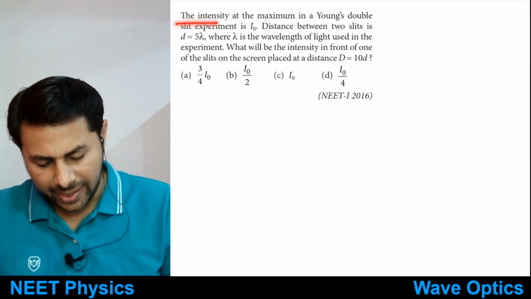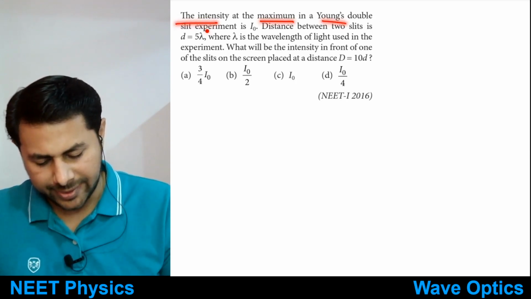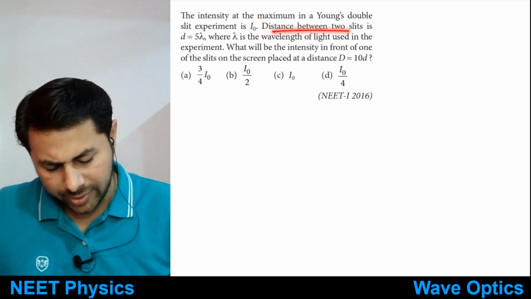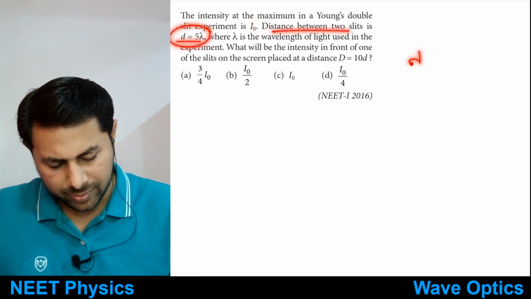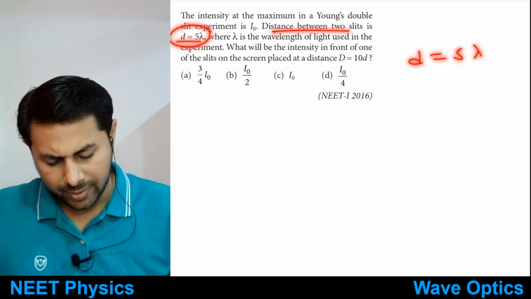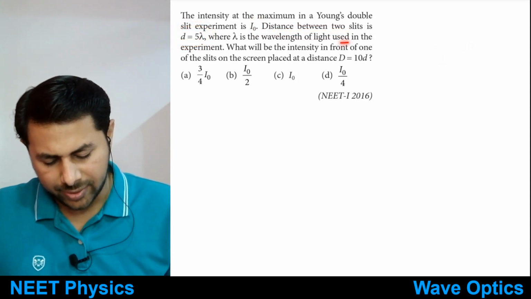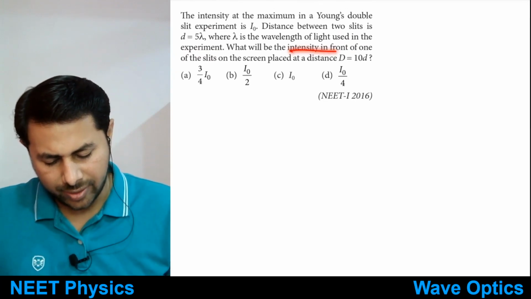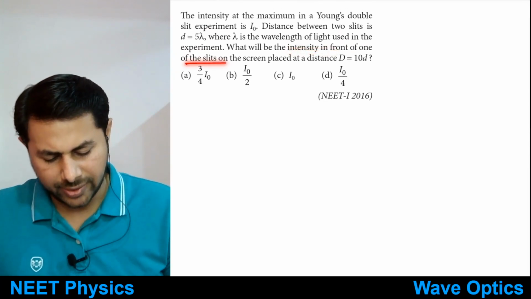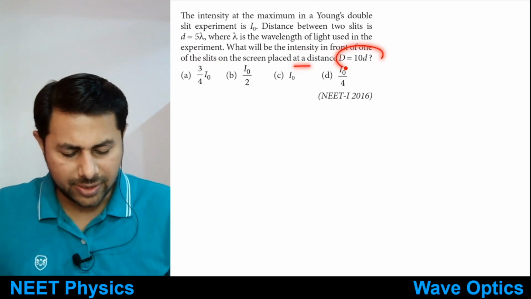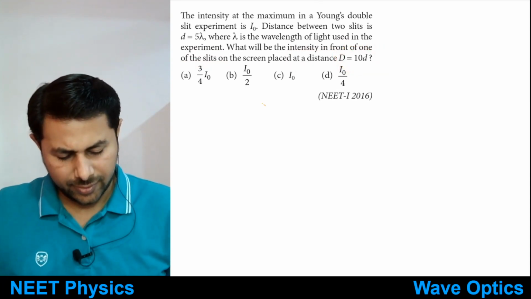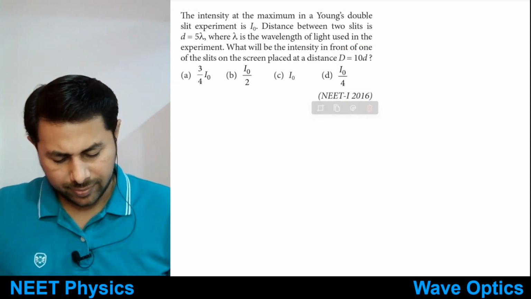The intensity at the maximum in Young's double slit experiment is I naught. Distance between two slits is d equals 5 lambda. Lambda is the wavelength of light used in the experiment. What will be the intensity in front of one of the slits on the screen placed at distance D equal to 10 times d? So tell me.